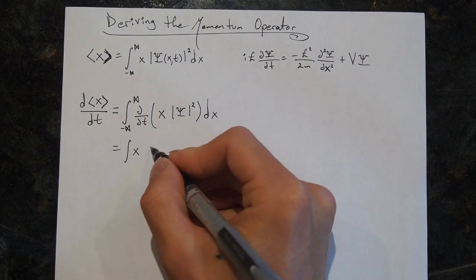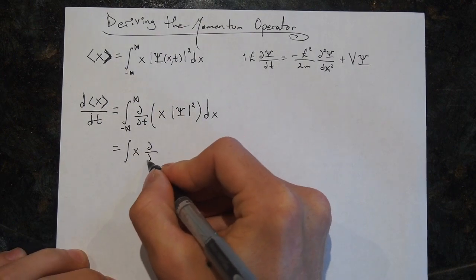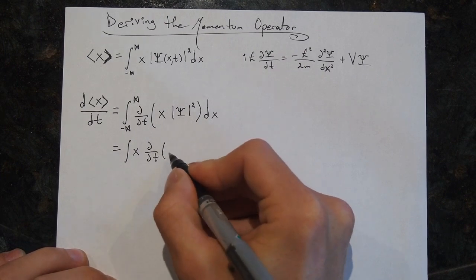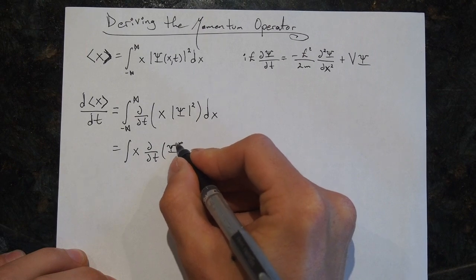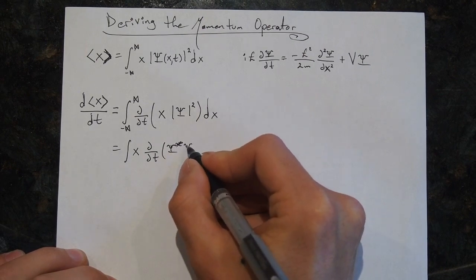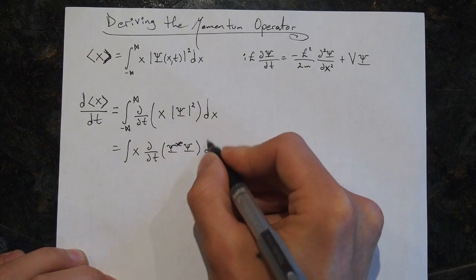So we're going to have position, partial derivative with respect to time of, well, what does this mean? It means the conjugate of the wave function times the wave function itself.